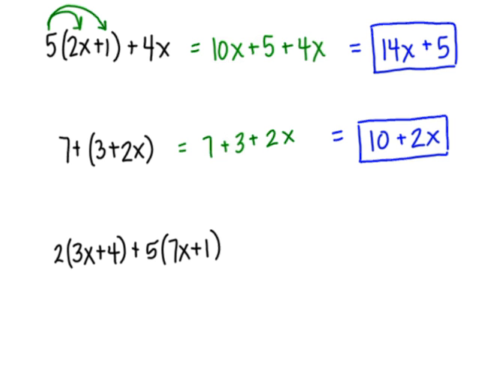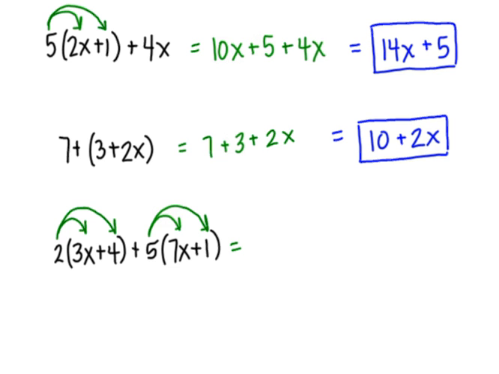Looking at our last one, the problem says 2 times parentheses 3x plus 4, close parentheses, plus 5 times parentheses 7x plus 1. I'm going to distribute the 2 through its group, and I'm going to distribute the 5 through its group.